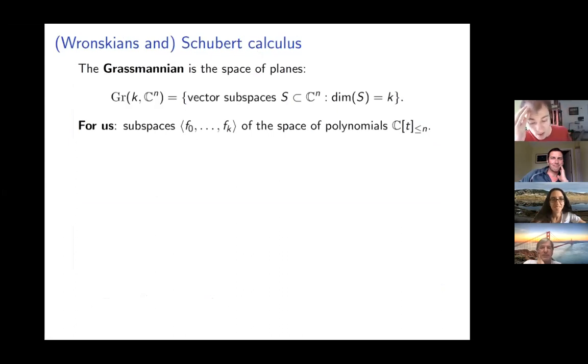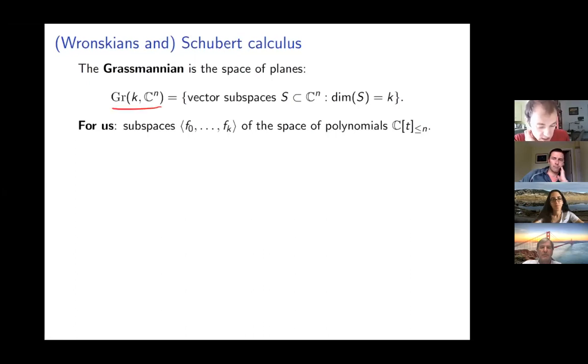Okay. So I hinted at this connection to Schubert calculus. So the first big thing we need to do is talk about Schubert calculus. Schubert calculus for the purpose of this talk will mean geometry, and specifically enumerative geometry about planes. So we're going to be working with the algebraic variety called the Grassmannian, which is the space of planes of a given dimension in a vector space.